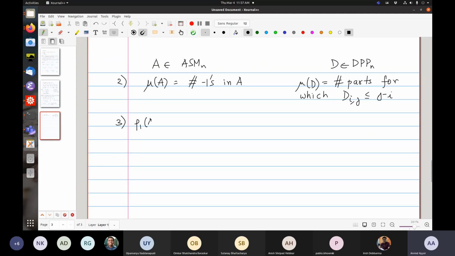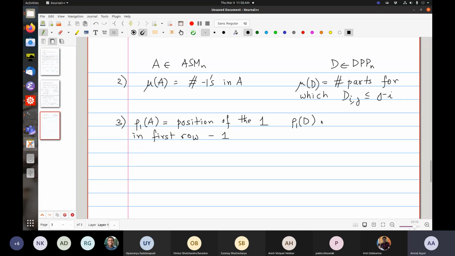The third is rho 1 of A. Remember that in an ASM there is at most one 1 in the top row, and basically this is the position of the 1 in the first row, minus 1.